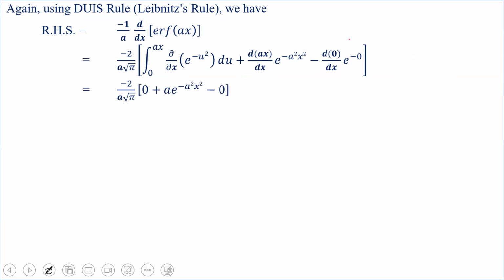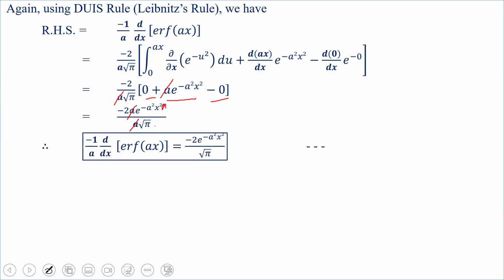So minus 2 upon a root pi times a e to the power minus a square x square. The a and a cancel, and we have minus 2 e to the power minus a square x square upon root pi. Therefore, minus 1 upon a times the derivative of the error function of ax with respect to x is equal to minus 2 e to the power minus a square x square upon root pi.